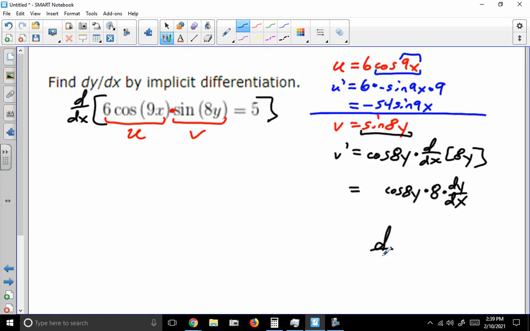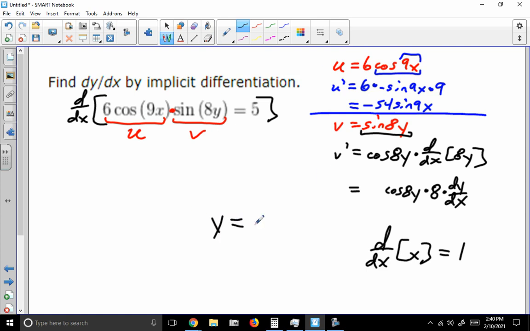If it was just the derivative of x, that would be 1. But since this variable and that variable are different variables, the derivative of y is dy dx.